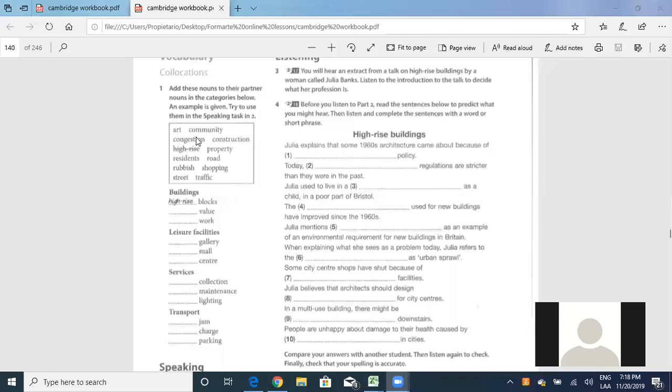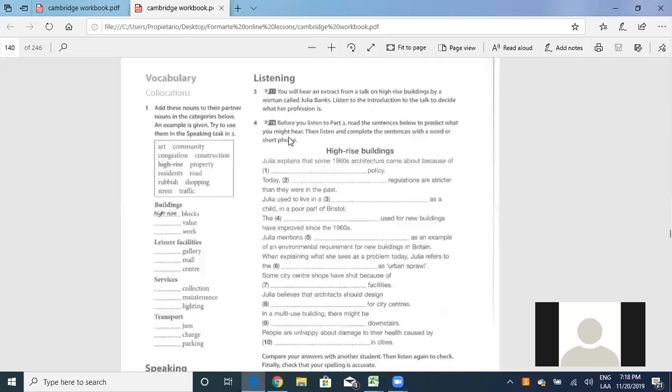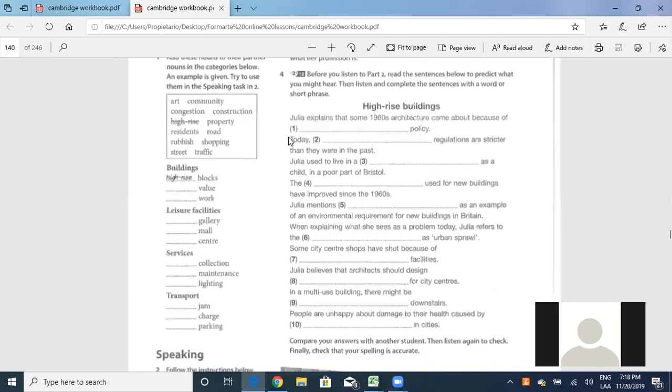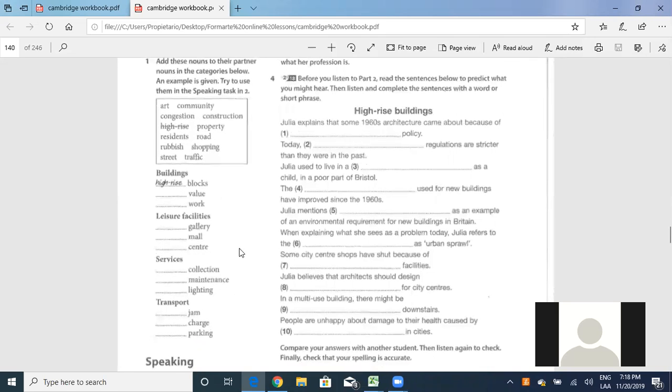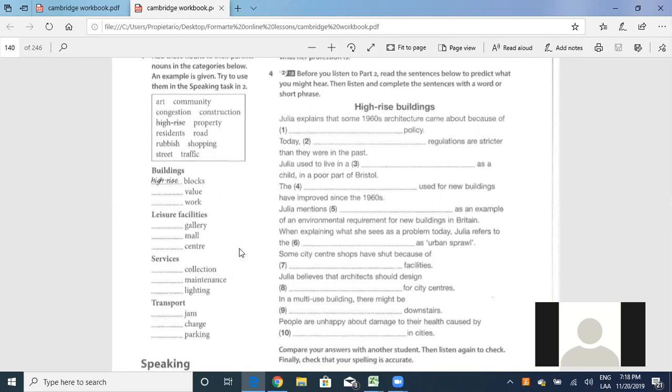Okay, Andres. Well, let's start very quick with this part. I want for you to collocate these vocabulary words. Can you hear me? Yeah. Okay. Please collocate these words because in a moment in the speaking part that we're going to practice, I want for you to use these collocations.